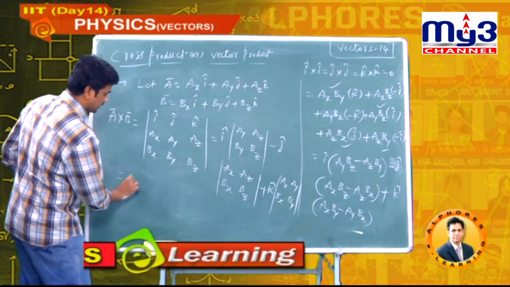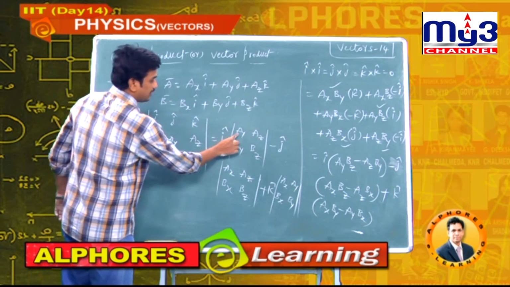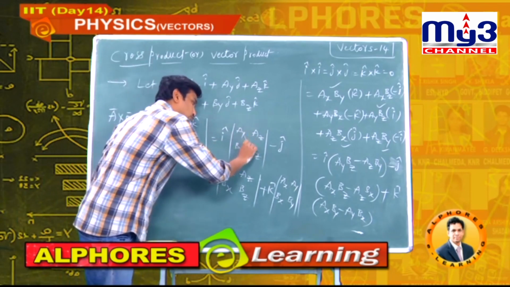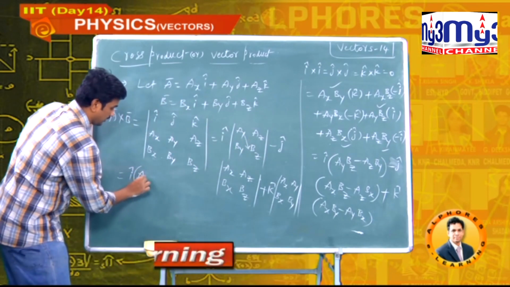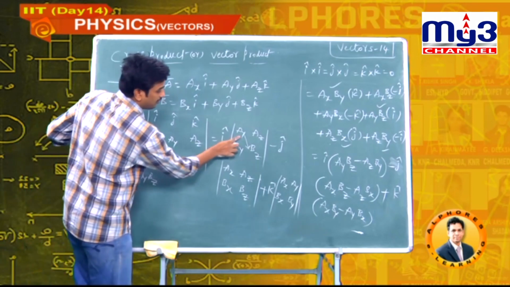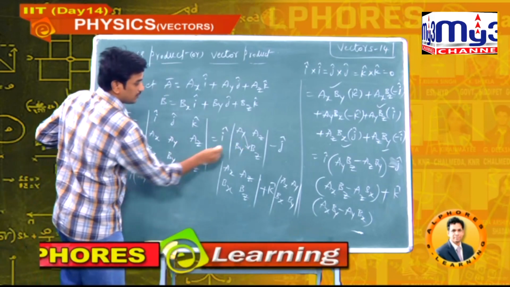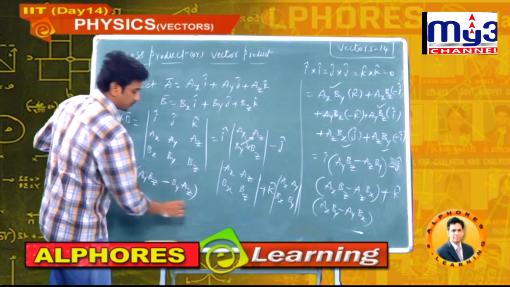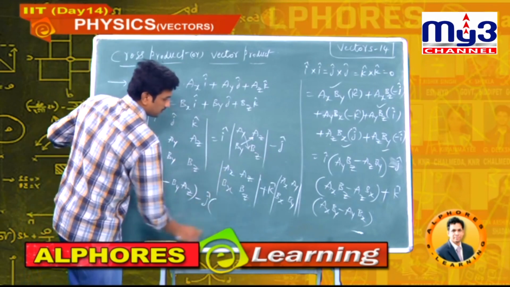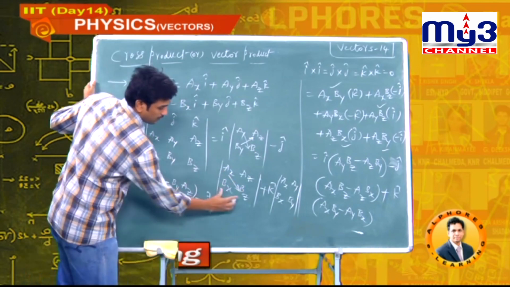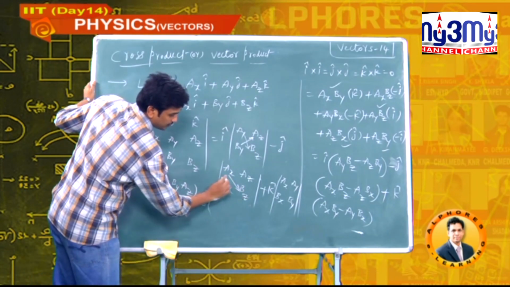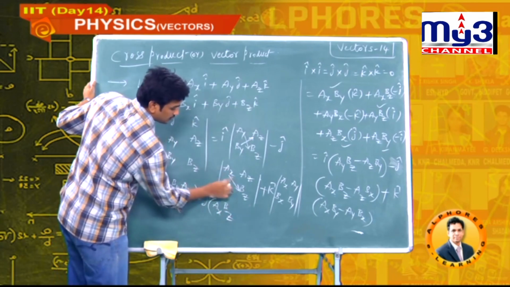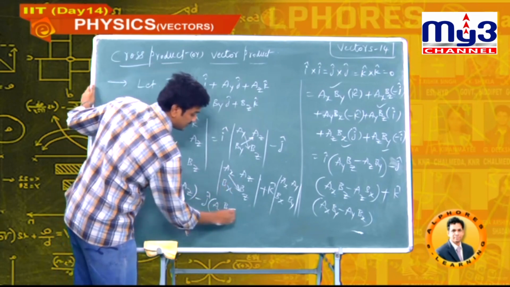Now I will write the answer. What is the meaning of modulus of this? I cap, modulus of this, multiply these two: Ay Bz. After multiplying these two, write minus. Next multiply these two: By Az. Next minus J cap. Again these two multiply, determinant of this: Ax Bz, after this minus, Bx Az.